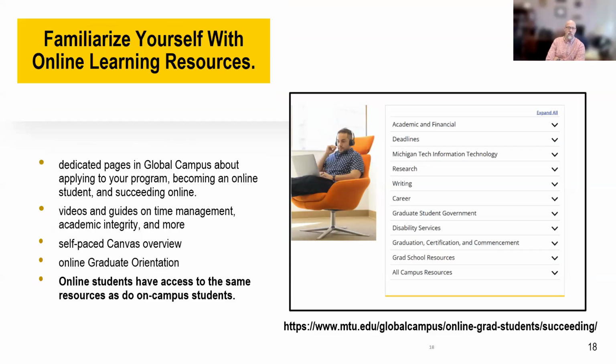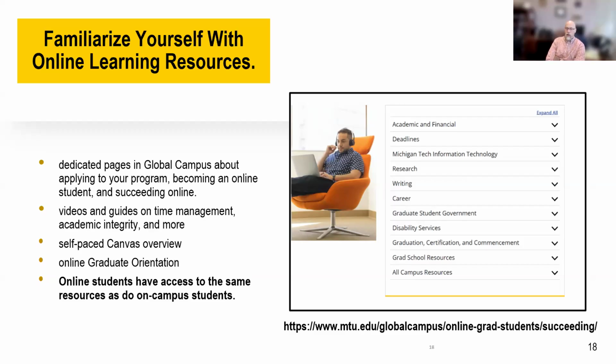So for the majority of the classes that you'll be taking as an online student, there is an on-campus class happening at the same time, and you may have interactions with on-campus students for resources, chats. You could talk to the professors and have access to other resources in the university.